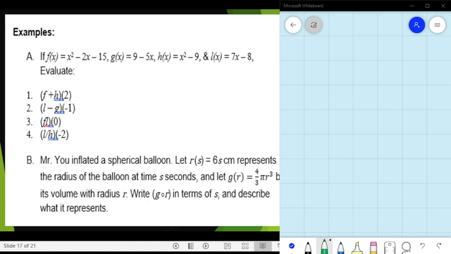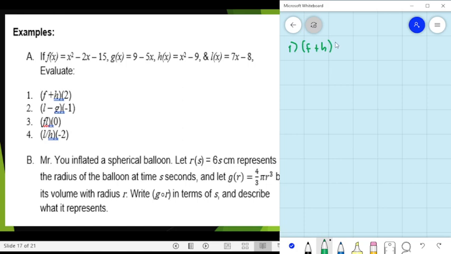another set of examples that is a combination of operation and evaluation of functions. So for number 1, we are going to add f plus h of 2. Okay, so in this case, applying the definition of composite function, we have f of 2 plus h of 2.